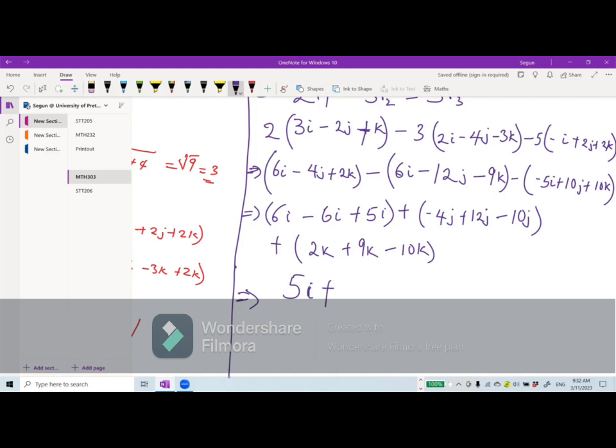So we have negative 2, this will give us negative 2j. And by the time you add this together, you have 11k minus this.